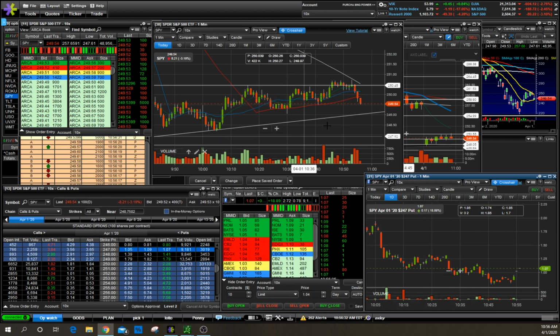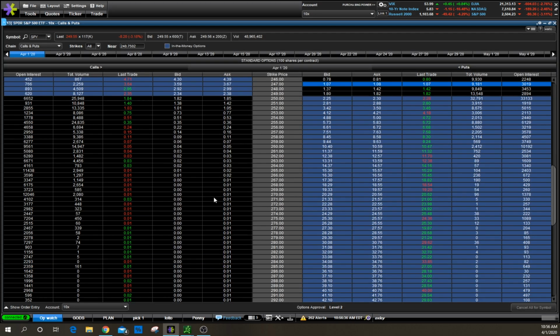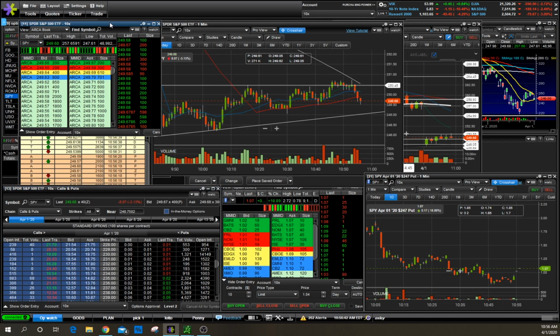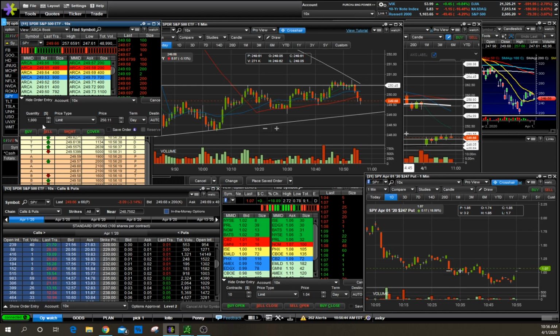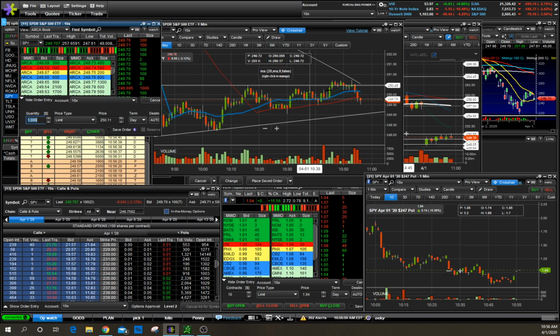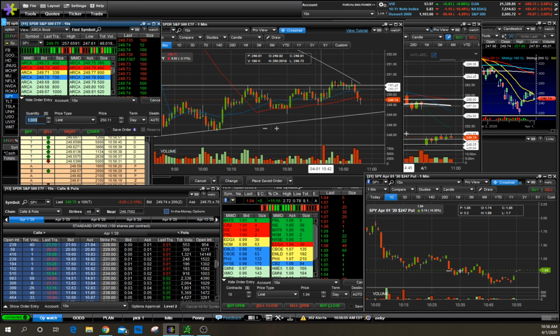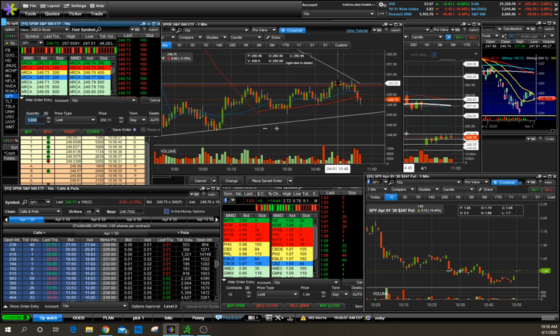Now, for those of you who don't know what the heck options are every time I say that, this is an option chain. Instead of buying shares like you would on a level 2, where I could just go and buy 1,000 shares for 250 bucks, that's just not a reality. Let's say you bought these at 248 and you sell them at 250. You have one share, you're making $2.